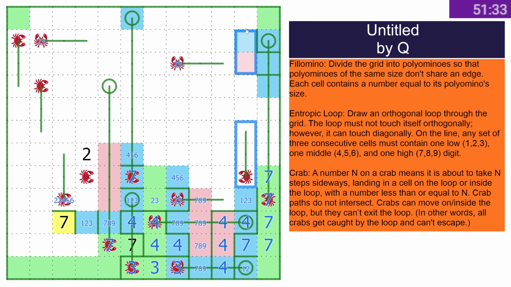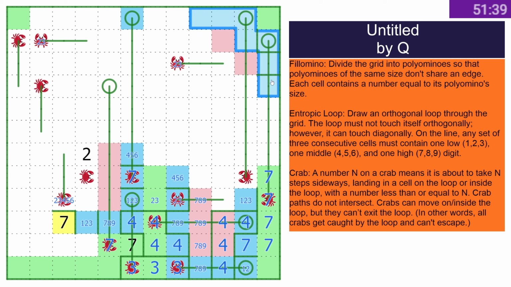If this is loop at 7, it forces all of this, it forces all of that. That feels like we're having problems. Yeah, we're having problems up here, aren't we?